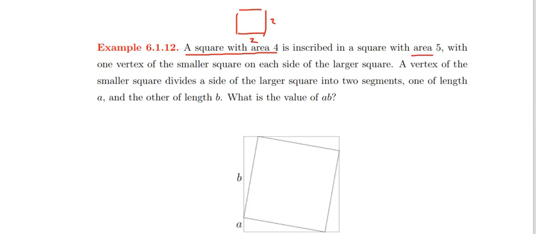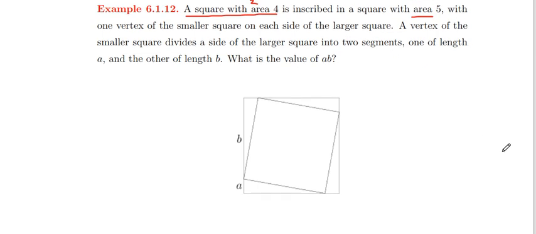So this is a little bit bigger, and its side length is square root of 5. With one vertex of the smaller one on the side of the larger one. So this is the large one, this is the smaller one.